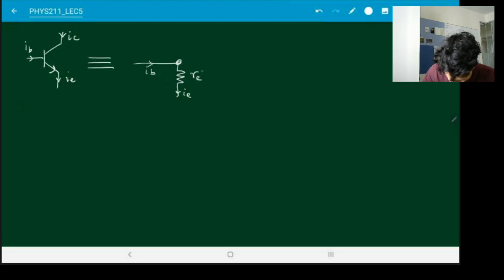Now there is a way of simplifying what this transistor would look like. In a simplified form, you can write it like this. So you have your IB, IE, this is a resistance RE prime, and here you have a constant current source IC.